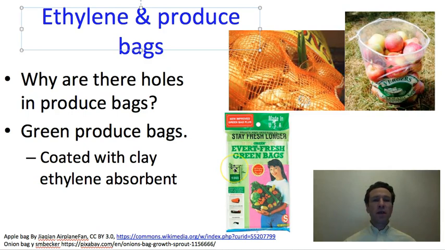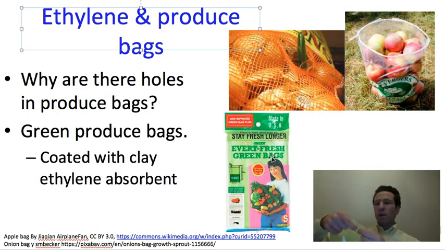You also will see, if you want to spend a little bit more money at the supermarket, you can find bags for sale that are often called something like green bags. And what they are, they look like this. So here's the box, and here is one of the bags. And it has a sort of clay-y, waxy coating on it.